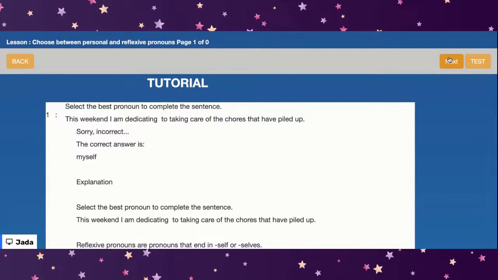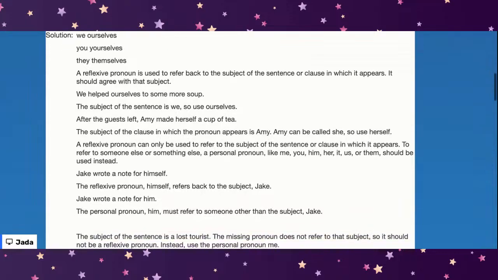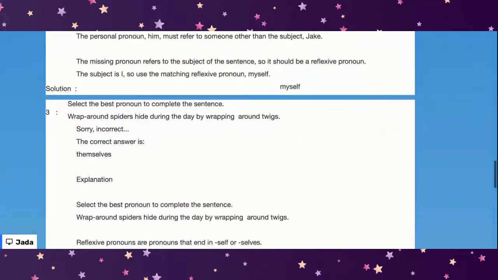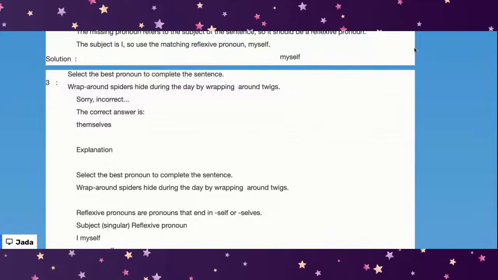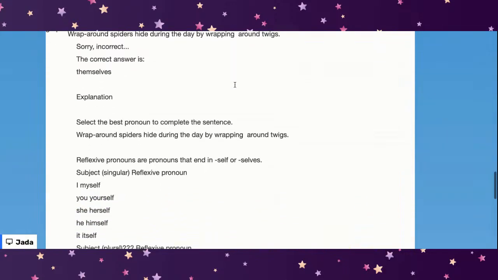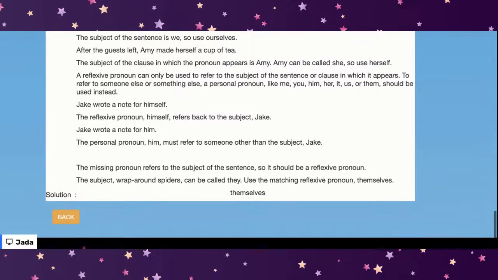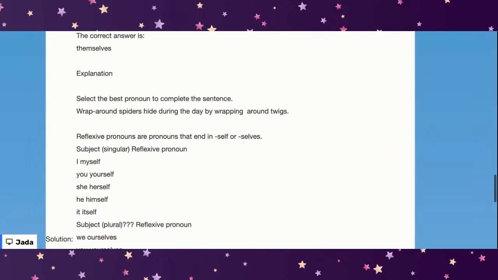Okay? Wrap-around spiders hide during the day by wrapping dash around twigs. What is the correct answer here? Themselves. By wrapping themselves. All right, so let's move on to the test.